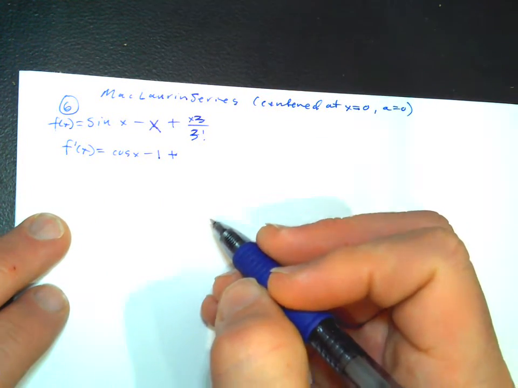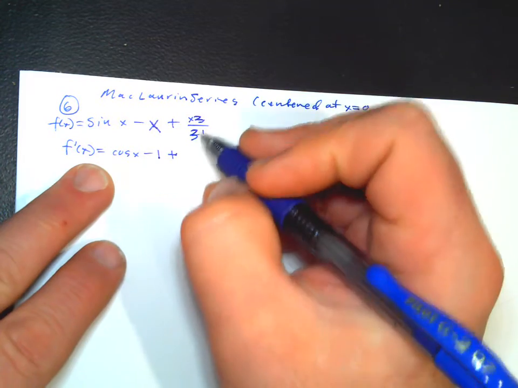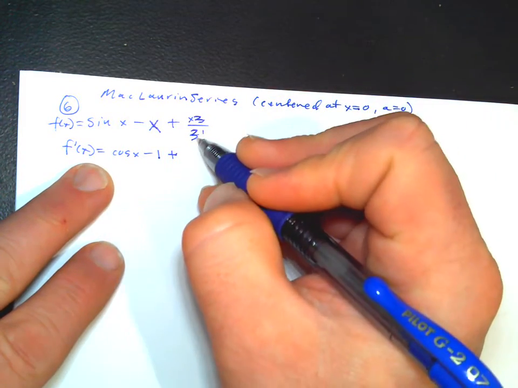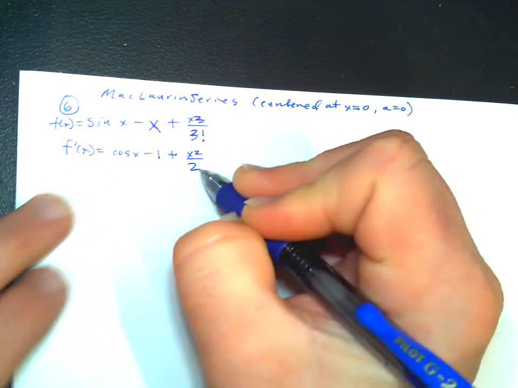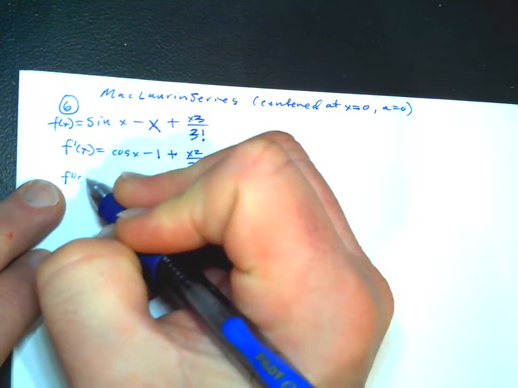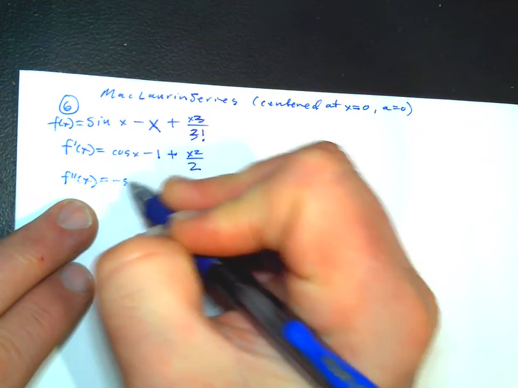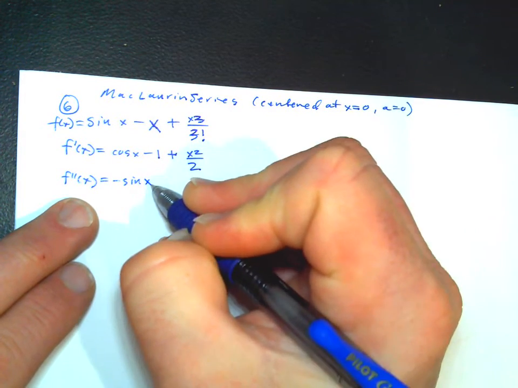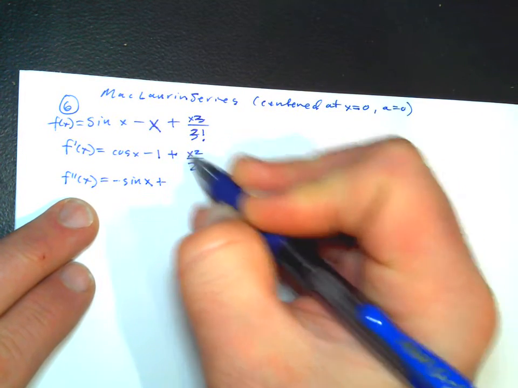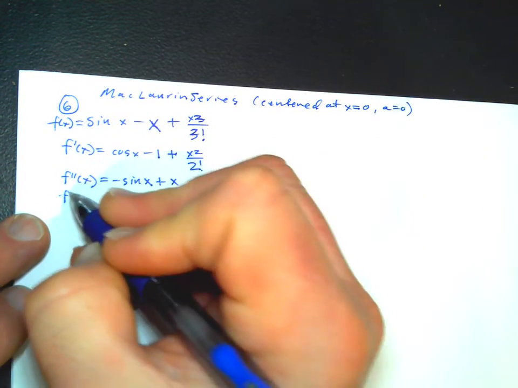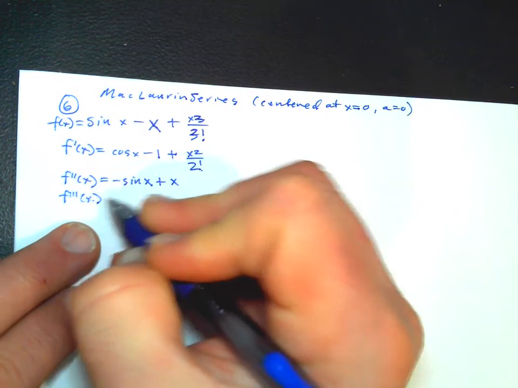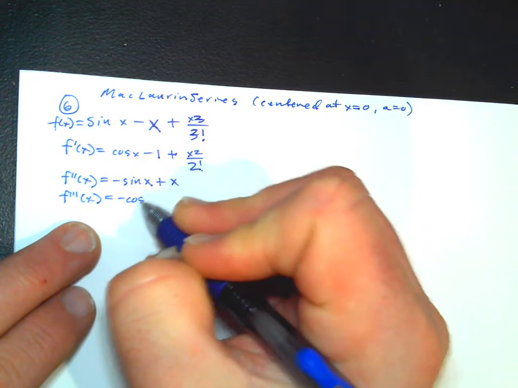Okay, so cosine x minus 1, multiply the 3 in front, which just reduces with 3 factorial on the bottom, you get x squared over 2. And then the second derivative, it's not too bad, it's negative sine x plus, multiply the 2 in front, cancels the 2, you have just x. Third derivative is going to be negative cosine x plus 1.